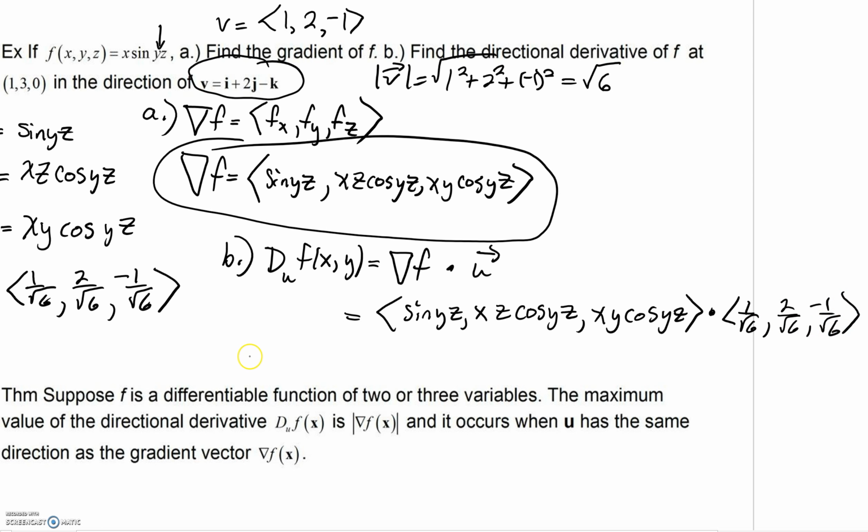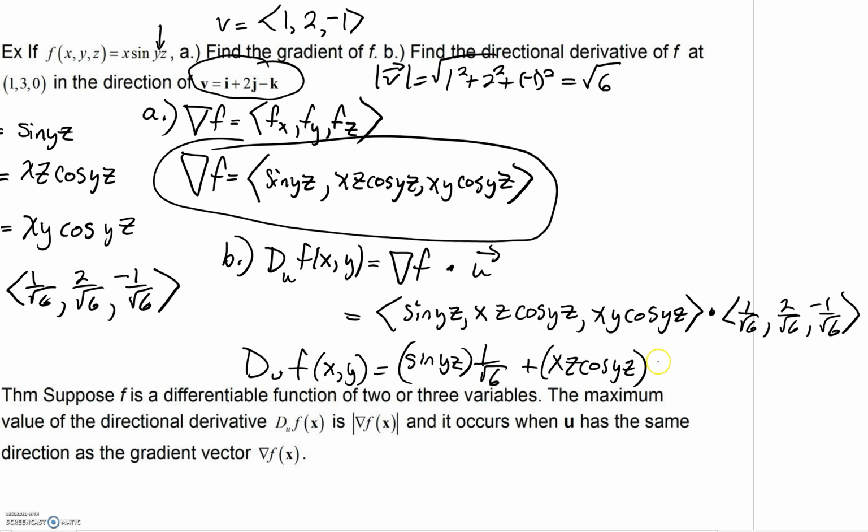And if I just wanted to find a general directional derivative for that unit vector, we'd get the sine of yz times 1 over root 6 plus, well, we'd get xz cosine of yz, multiply that times 2 over root 6.